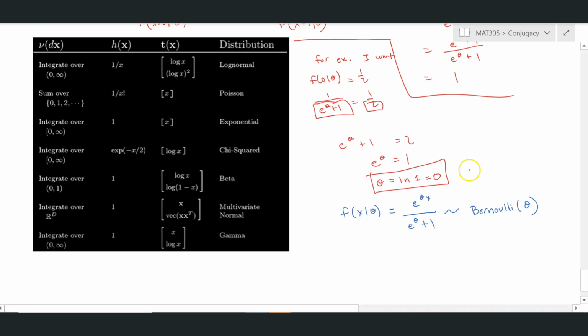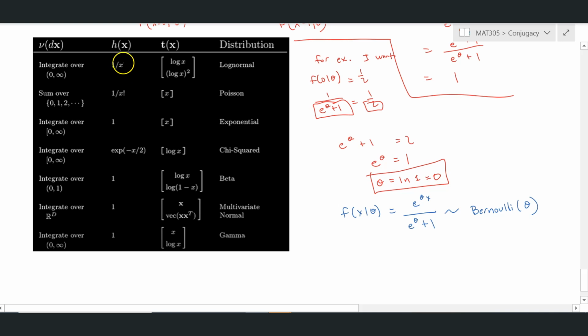So we just observed that being part of an exponential family doesn't just literally mean that. It means that there are other distributions that fall under the umbrella of the exponential family. And here's just a partial list.